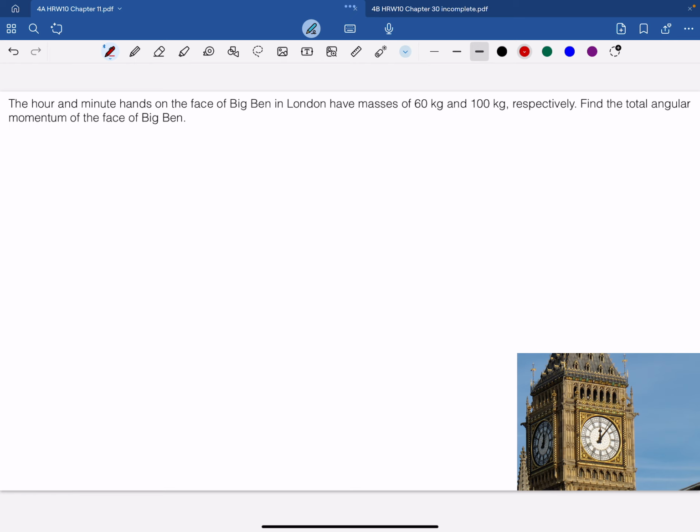I'm going to use Big Ben as an example, the iconic London landmark that the British people are so thrilled about, I guess, every time it rings. This last May, I got to stand underneath it for the first time, and it was a clock. It's a clock. Impressive architecture, like lots of world history surrounding it.